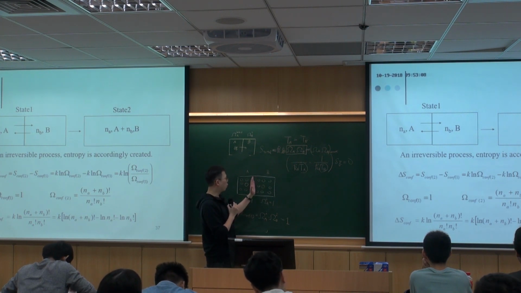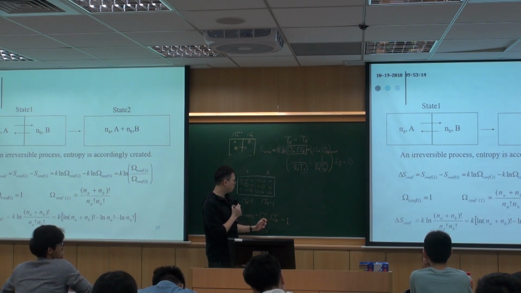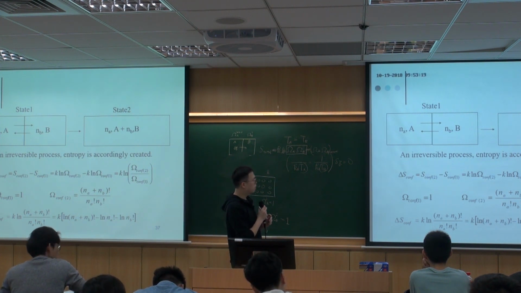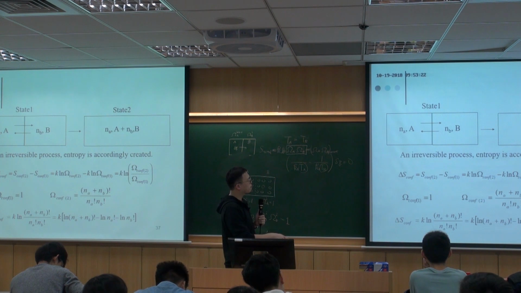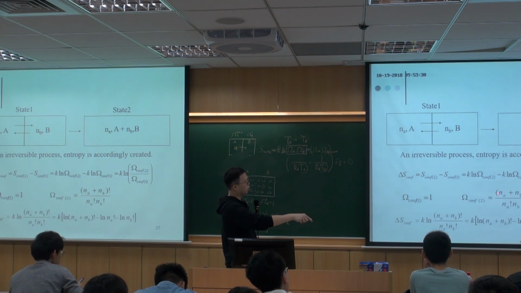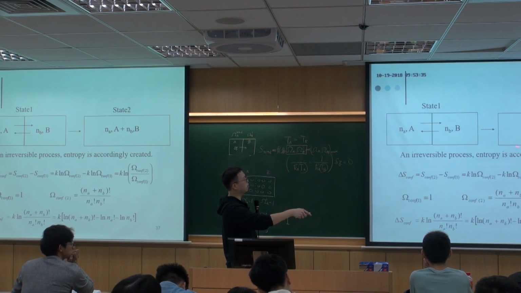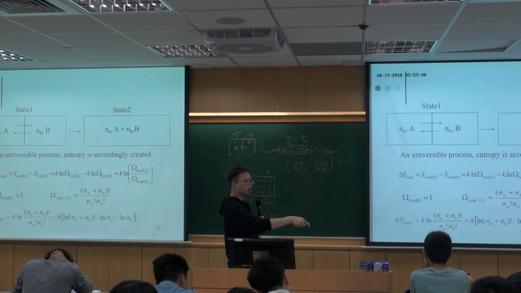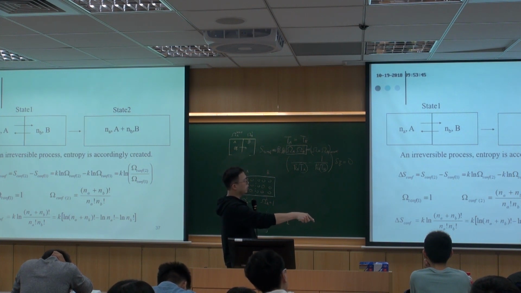Before the process started, the initial ones are just 1s, so the product of them should be 1. And when you have a mixed system, the total configuration will just be the factorial of NA plus NB. This is the total number, and you also have NA in some area and NB in some area, so you have NA factorial and NB factorial in the denominator, right? So this is the final configuration, omega.